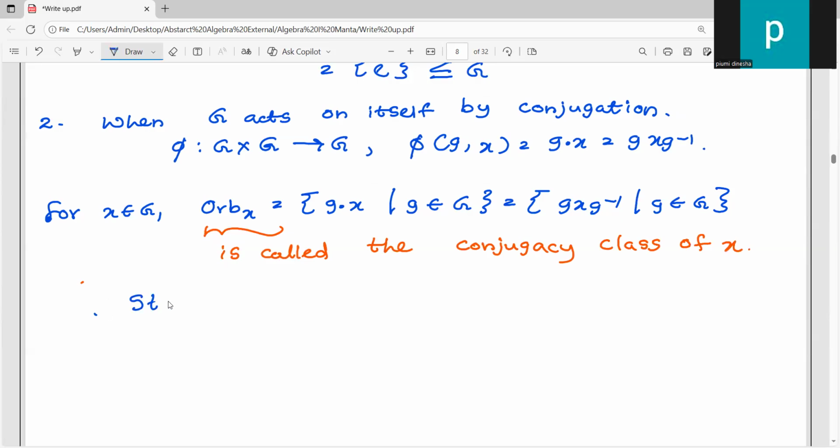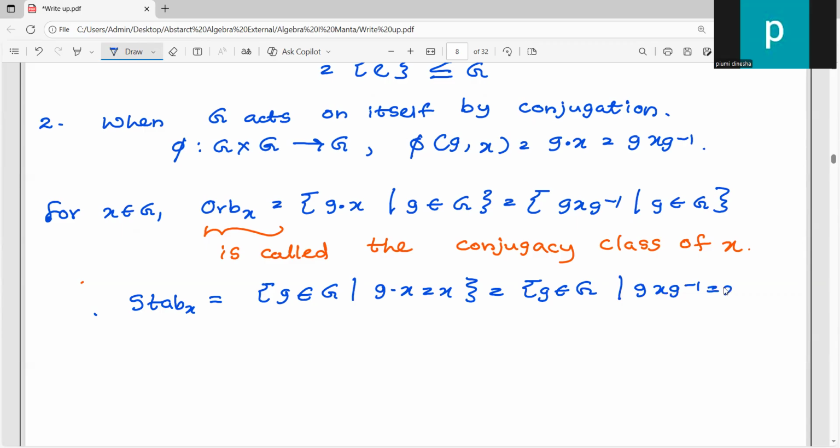Now let's find the stabilizer of this element. If we find the stabilizer of x, this is given by all elements of G which fix x. g dot x equals x. And if we replace g dot x by gxg inverse, we have gxg inverse equals x.